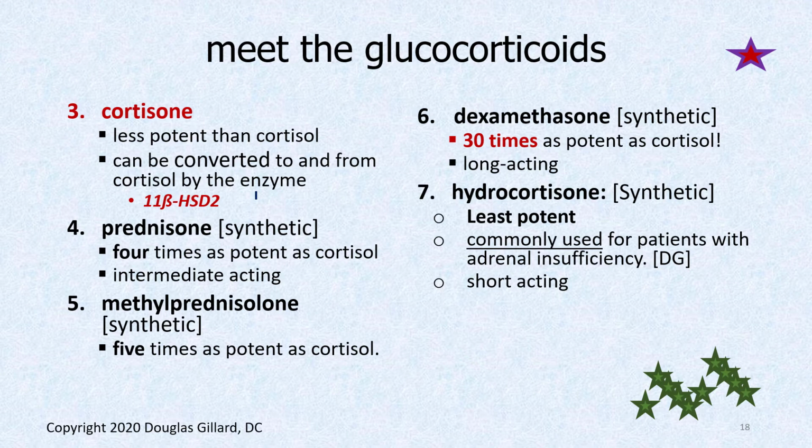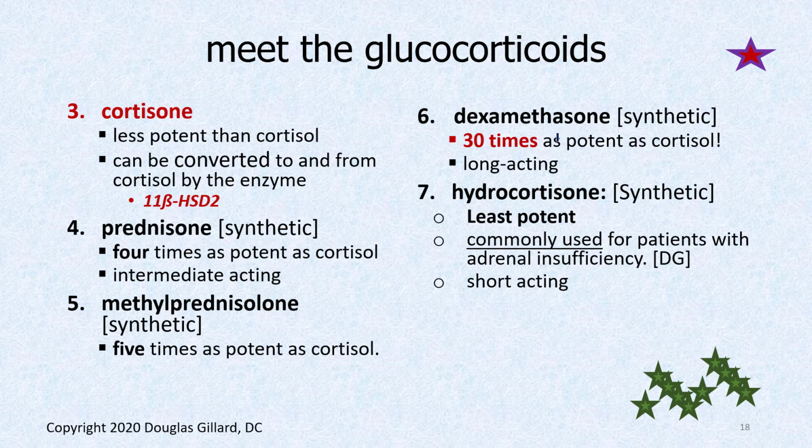All right, there are some more glucocorticoids, though. There's cortisone. We just met cortisone. 11-beta-HSD2 converts cortisol into cortisone. Just talked about that one. The rest of these are all synthetic, so you can take these as pills. Methylprednisolone, about 5 times as potent as cortisol. Look at this one.